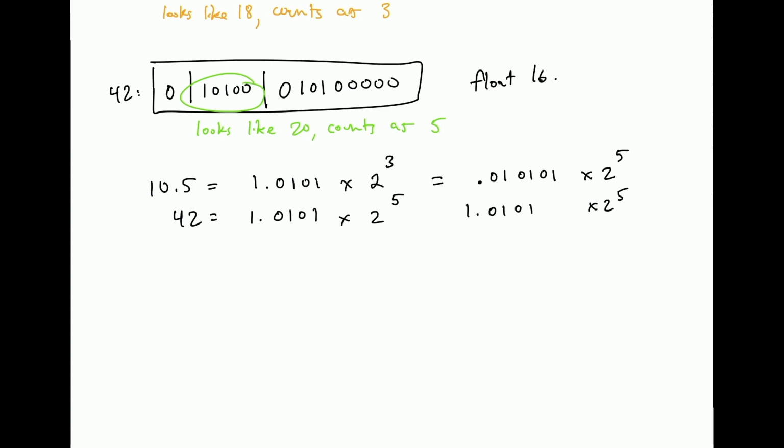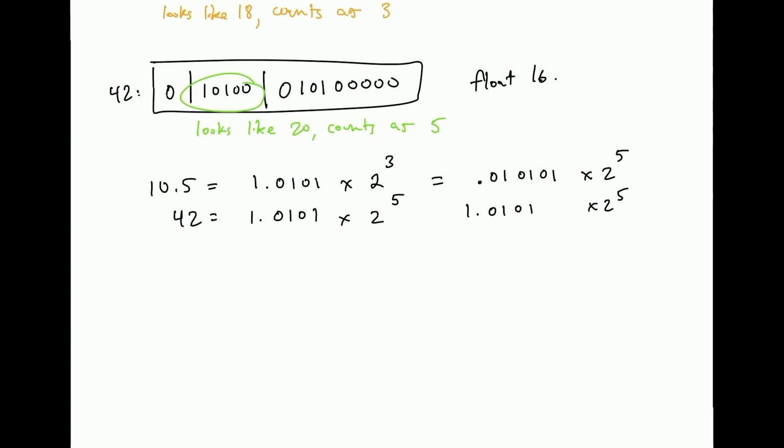So all I did was I shifted the mantissa and the one that was in front of it two positions to the right, and then correspondingly upped the exponent by 2. You guys agree that that number is the same mathematically, but it looks different.